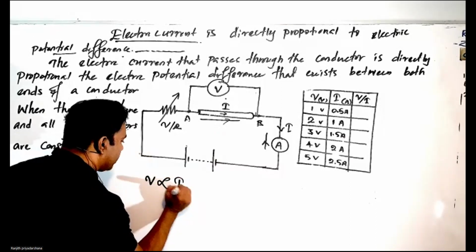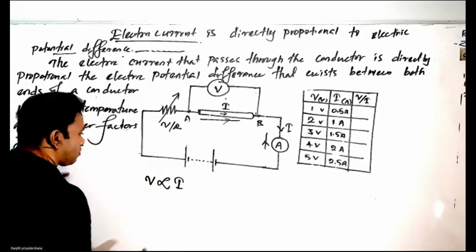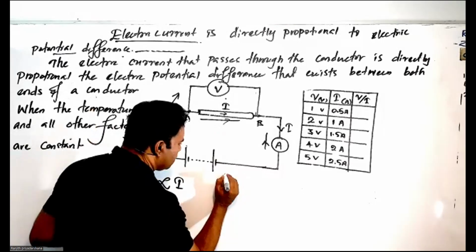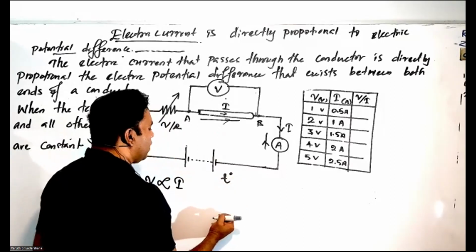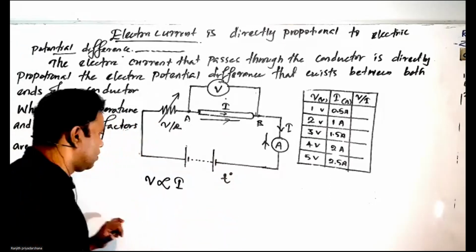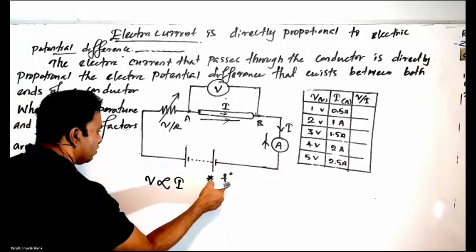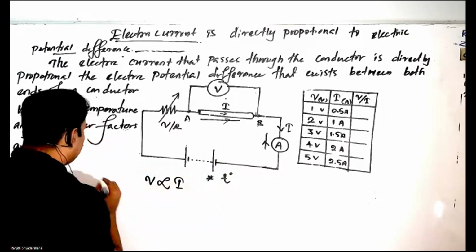I is directly proportional to V, but when the temperature is constant and all other factors are constant. Especially this one you have to mention: when the temperature is constant.